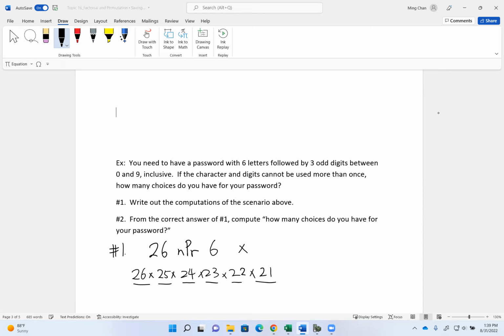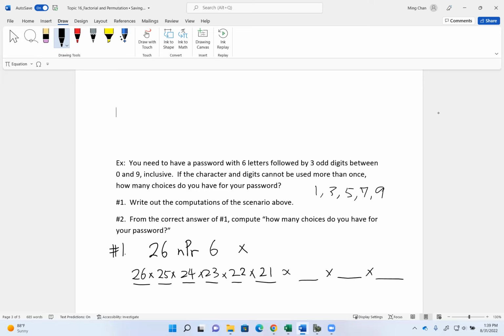And now I'm gonna follow that by 3 odd digits from 0 to 9 inclusive. From 0 to 9 inclusive, the odd digits are 1, 3, 5, 7, and 9. So there are 5 odd digits. So this is followed by 3 odd digits, and there are 5 of them to choose from.